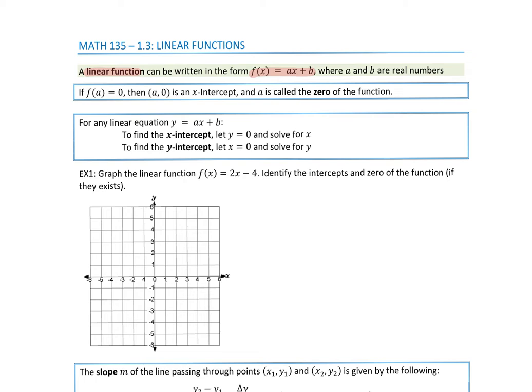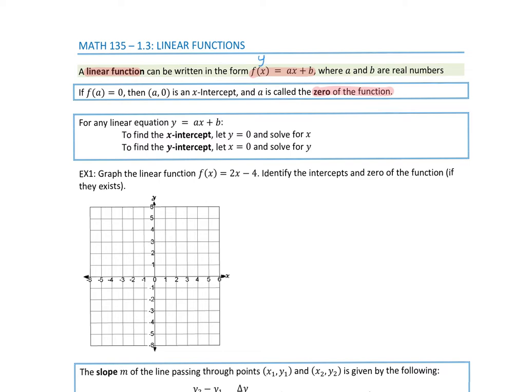But first, I would like to introduce you to what we call the zero of the function, and that may be new to you. Basically, when we're saying the zero of the function, we're saying where is f of x equal to 0, or where is y equal to 0, because remember, we can always replace our function notation with y.